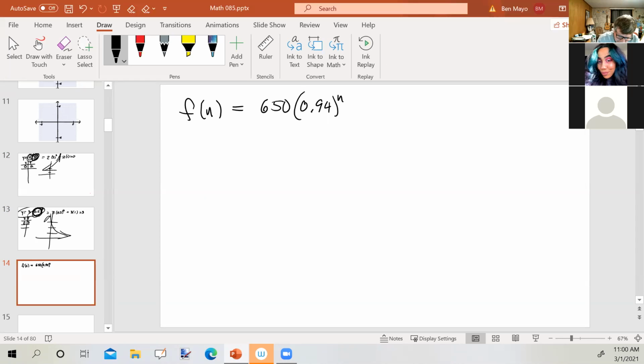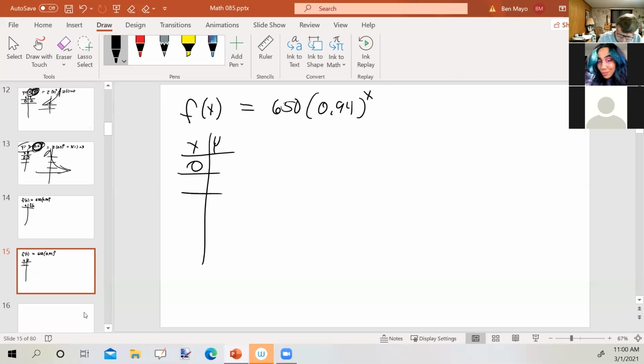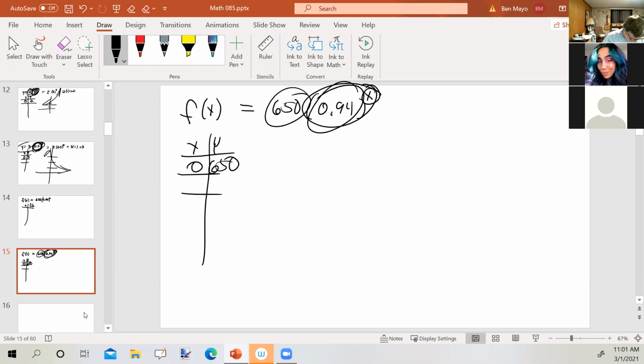Tell you what, let's make it f of x equals 650 times 0.94 to the x. So what's the y-intercept? That'll be 0, 650, right? Yes, because when x is 0, this is 1, and 1 times 650 is 650. Does this thing increase or decrease? Decrease, right? Why? Because the base is less than 1. Correct.